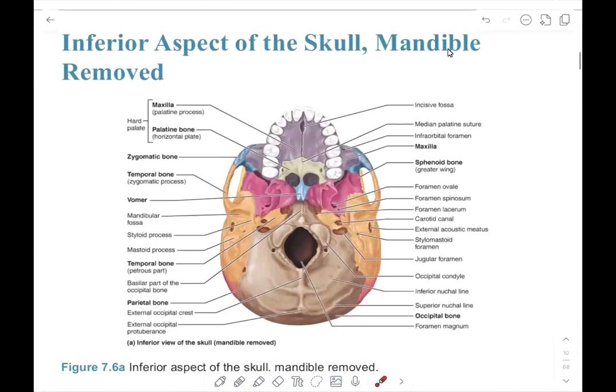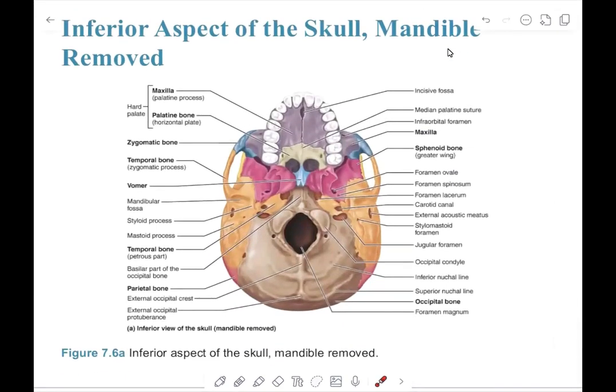When we look at the inferior view of the skull, so in lab, turn the model upside down, or if you're in an online lab, there's ways to also view this online. So we can first point out some of the cranial bones, like the occipital bone, the sphenoid bone, parietal bone, temporal bone, and that is all of the cranial bones that we can see from the inferior.